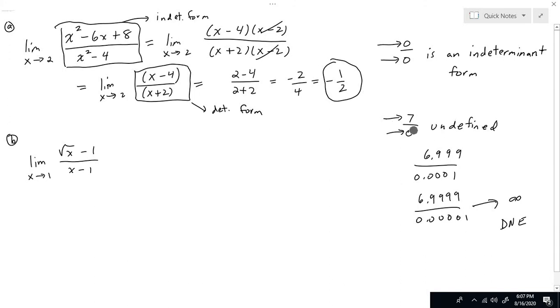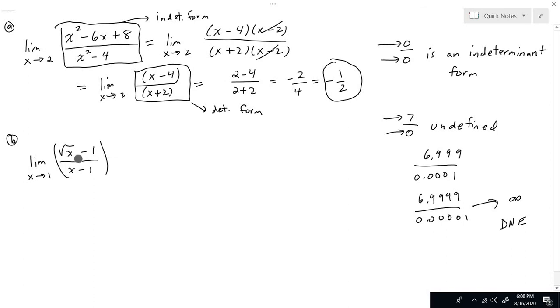Going back to this, when we plug 1 in, trying direct substitution, we get an indeterminate form. So we're going to change the form so that it is determinable, so that when we use direct substitution, we either get a number out or we get undefined out. Here's the key in this case.